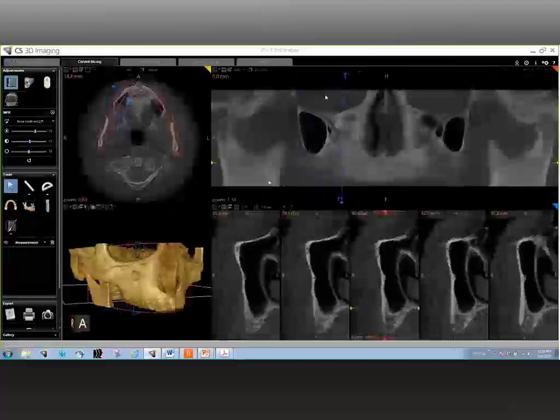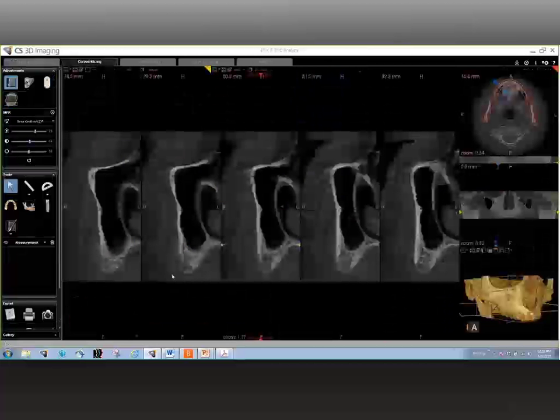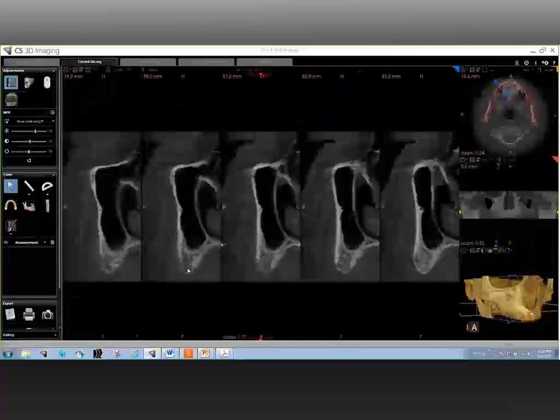The cancellous bone, which is within the cortical bone, and you can see right there the cancellous bone, which is encased in the cortical bone. And then, of course, you have the trabeculation pattern within the cancellous bone, which also signifies the health of the bone by itself and the density of the bone.